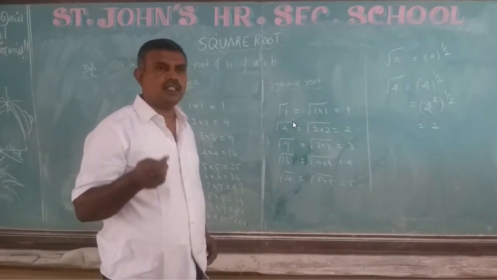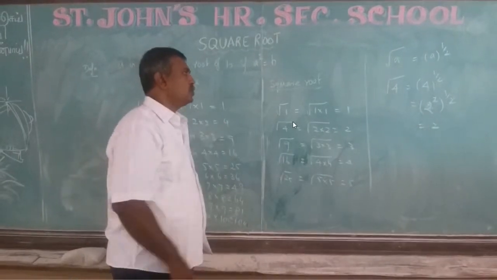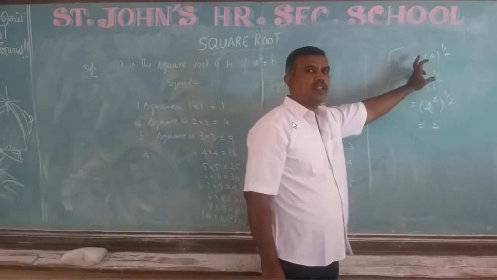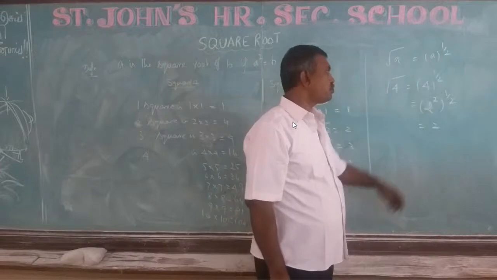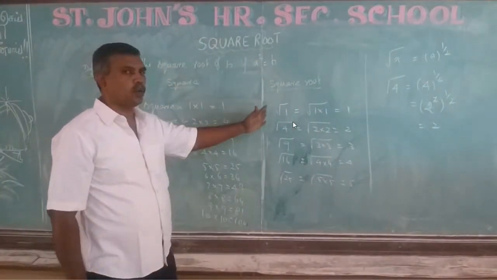Square root means the whole half power of the root. That is root A is equal to A power half. Root means half power. Now you can understand what is square and square root.